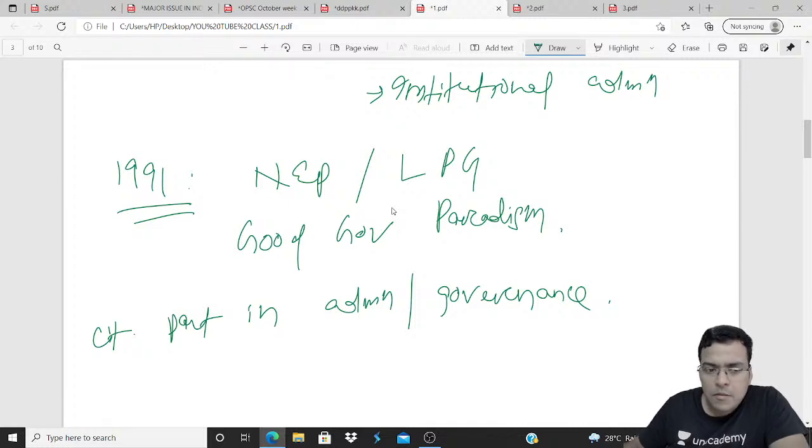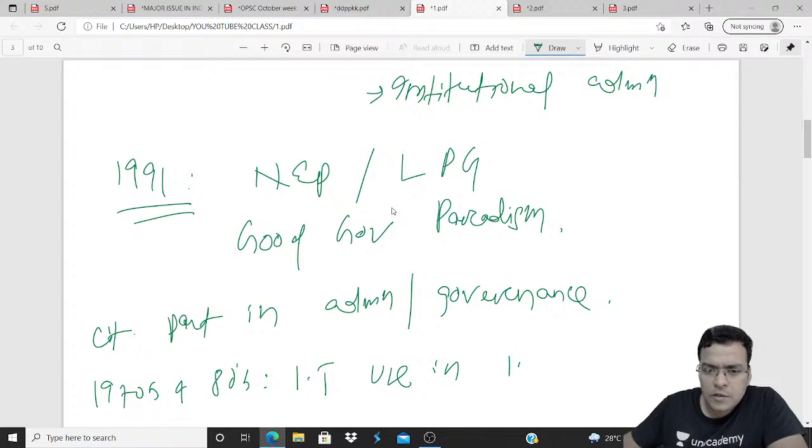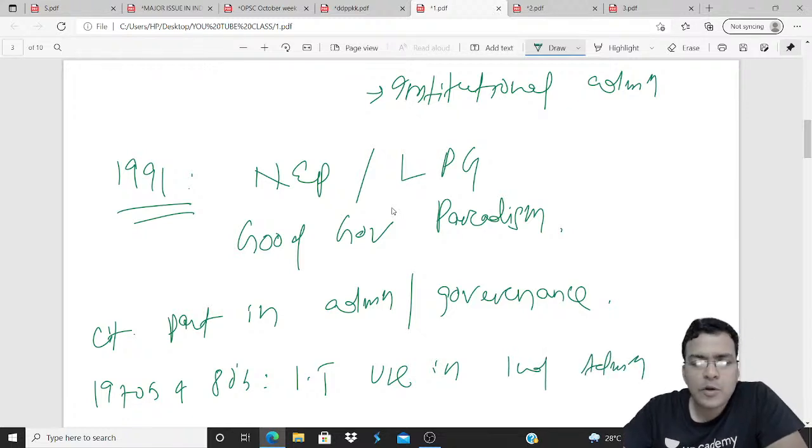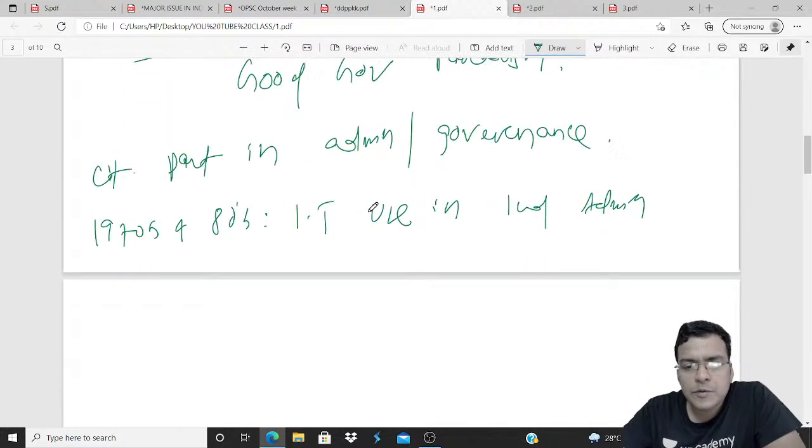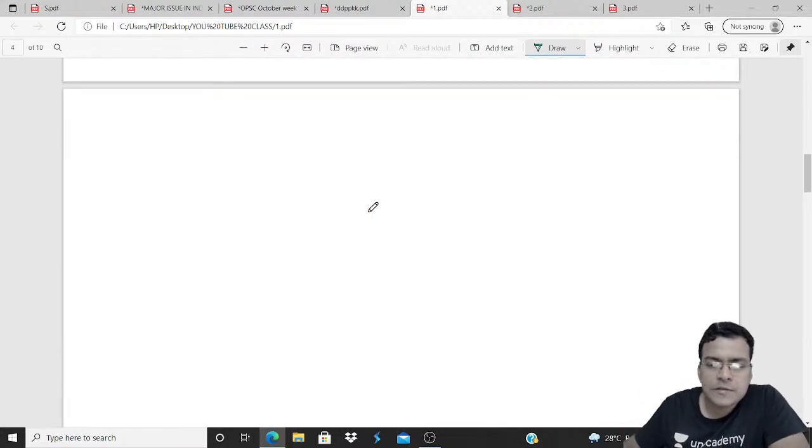And by the 1970s and 80s, IT started to be used in Indian administration. At the same time people demanded an information revolution. So citizen participation in administration and governance increased.